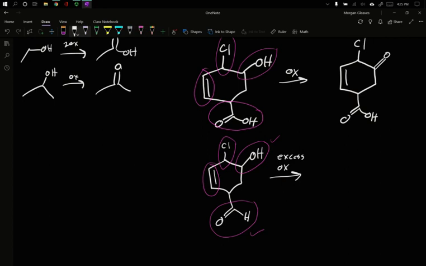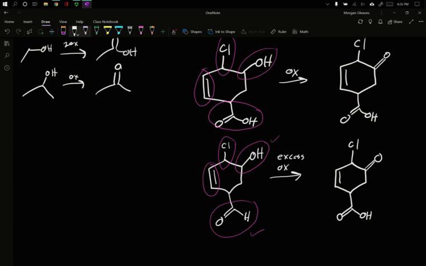So as I draw my new molecule, all the carbons that weren't part of the reaction will stay the same. All the chlorines that weren't part will stay the same, the double bond. But now I have my aldehyde. It becomes a carboxylic acid, and my alcohol, much like last time, becomes a ketone.